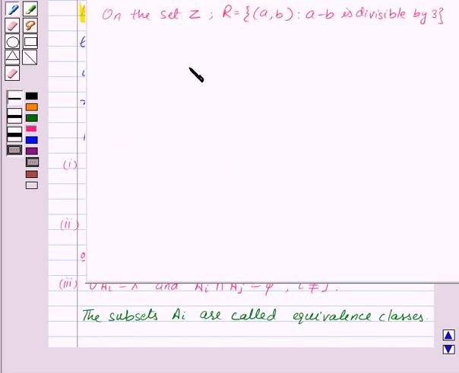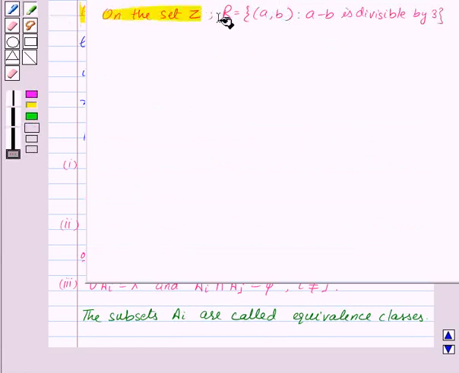Now let's take the same example, that is, on the set Z, the relation R is defined as the set of ordered pairs (a, b) such that a minus b is divisible by 3.